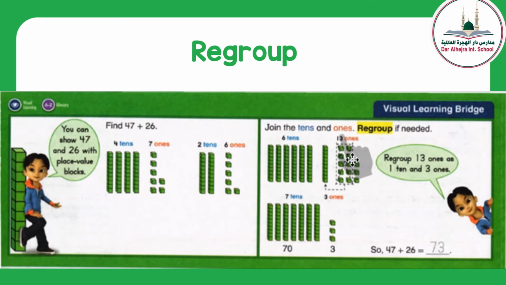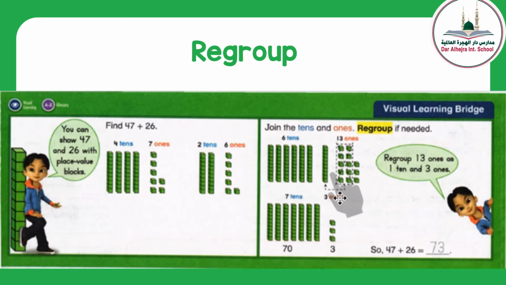So instead of counting 13 separate cubes, we will be counting 1 ten and 3 single cubes. That means we have regrouped the 13 ones into 1 ten and 3 ones. Here we can see there were 13 ones. We grouped them together into a single 10, and we are left with 3 single ones.